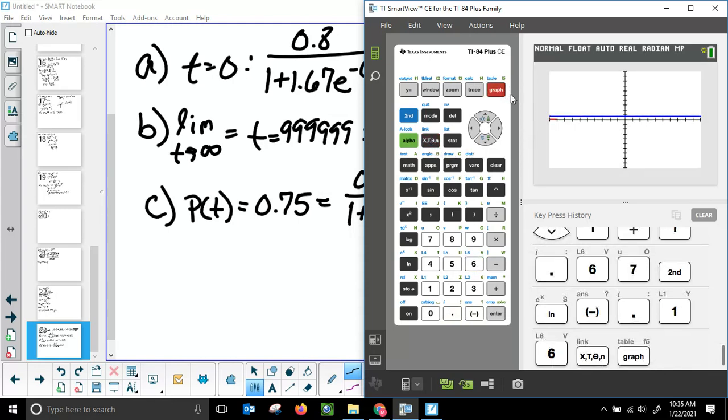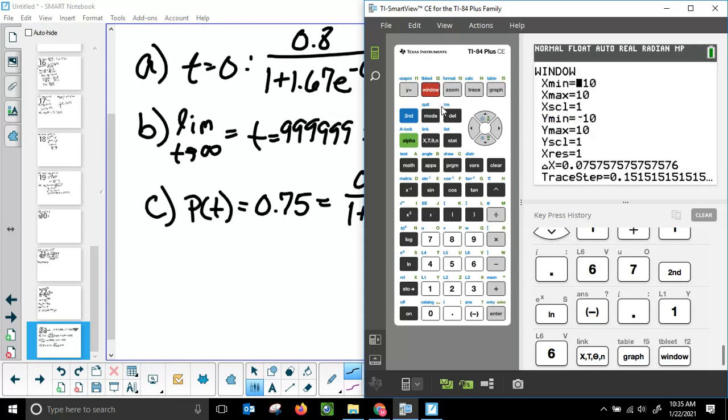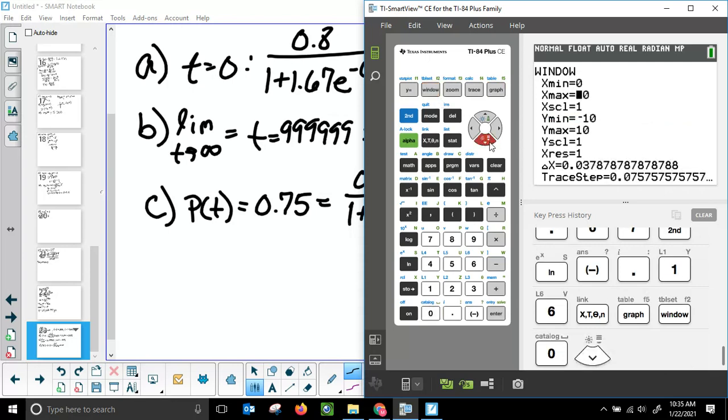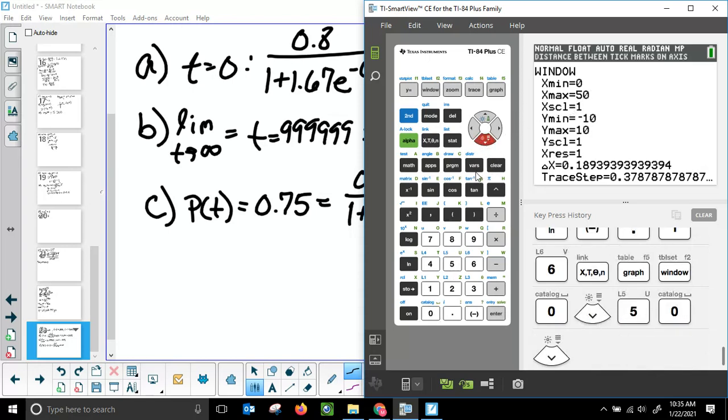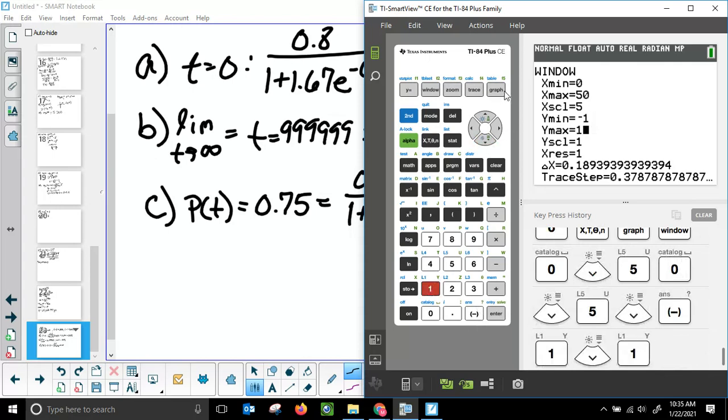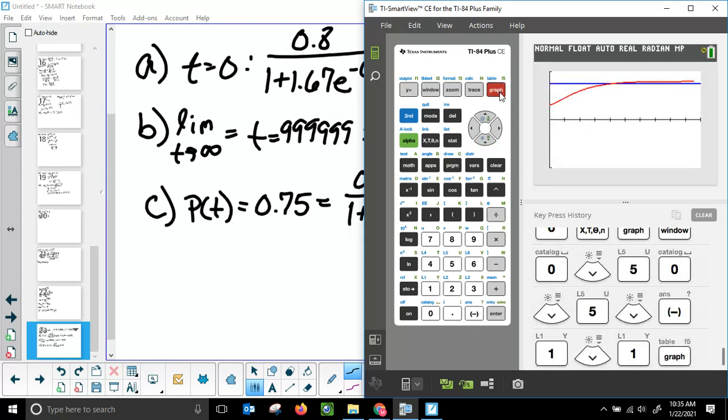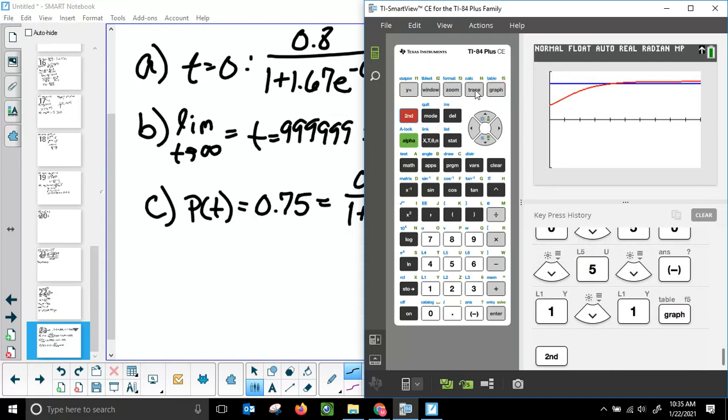So now all we have to do is graph these things. Clearly, we're going to have to mess with our window a little bit. So I will say 0 to maybe 50 with 5. Now we're doing percentages here, and it's really from 0 to 1, so we can really just say -1 to 1. That should be substantial. There we go. So this is easy enough to find our intersection.